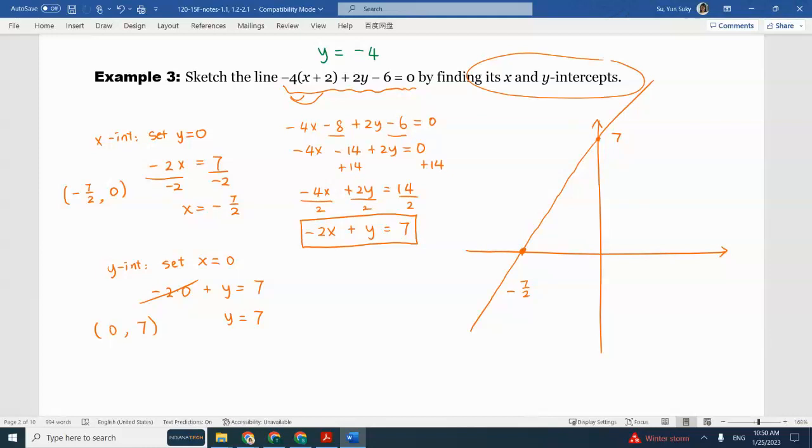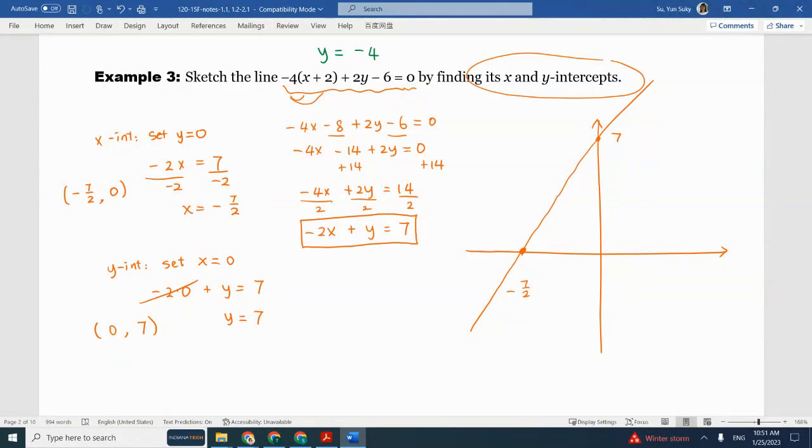If the problem asks us to find the x-intercept and y-intercept, then we have to find it. But if the problem just says graph the line, then you don't have to find the x-intercept or y-intercept. You can use other methods.